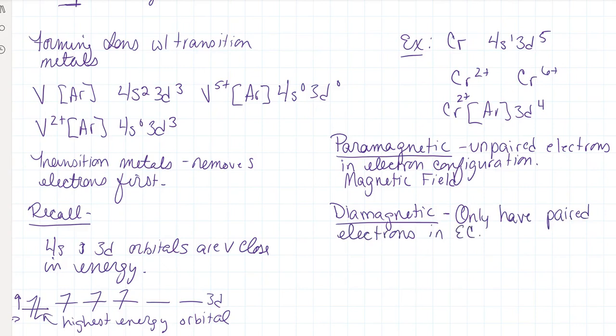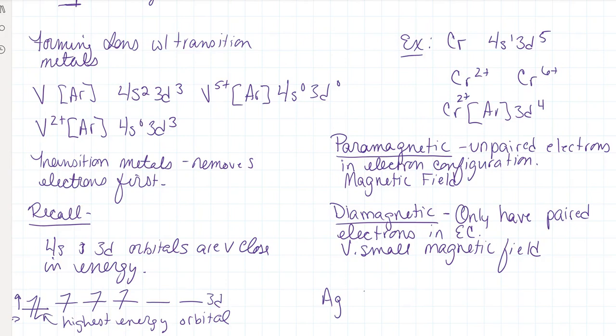In their electron configuration. And generally, these are a very small or an unnoticeable magnetic field. And as a result, they won't interact. So, for example, when we take a look at, say, silver, we'll see that silver has an electron configuration that has a krypton core.